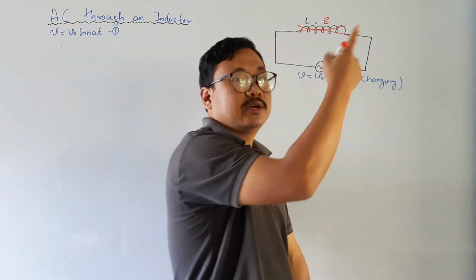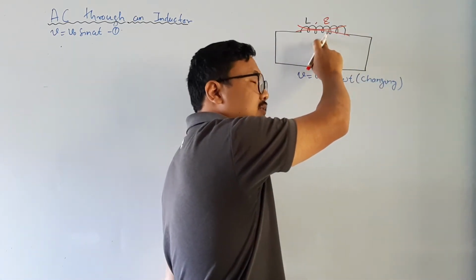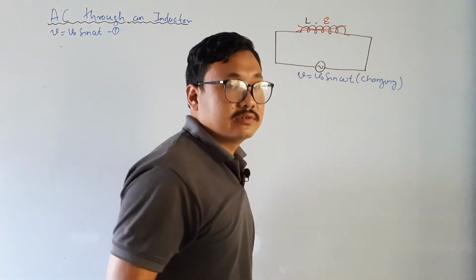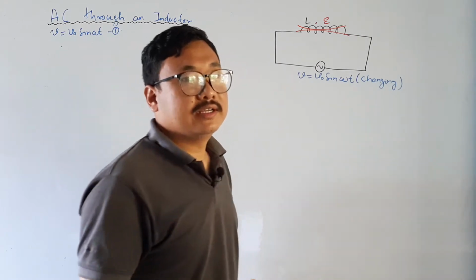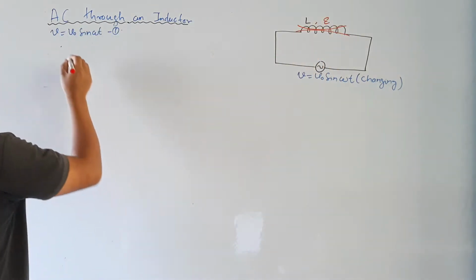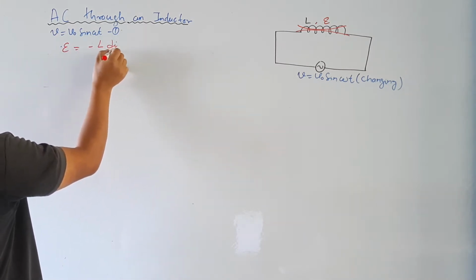Changing current produces changing magnetic flux in this coil, and this changing magnetic flux is again linked with the same coil. Therefore, according to Faraday's law, EMF will be induced, and this is the induced EMF. So this induced EMF is E equal to minus L di by dt.